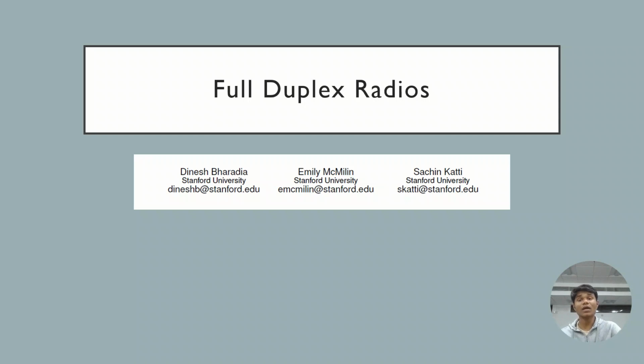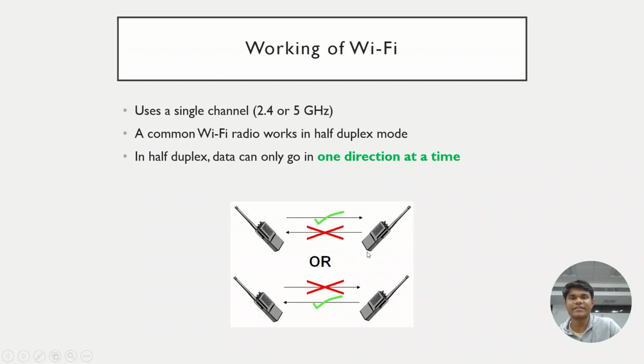Let's go. Before understanding what full duplex radios actually are, we must first understand how Wi-Fi works. What happens with Wi-Fi is it uses a single channel of 2.4 gigahertz or 5 gigahertz frequency to communicate. And a common Wi-Fi radio works in half duplex mode. That is, the data at one point of time can only go in one direction.